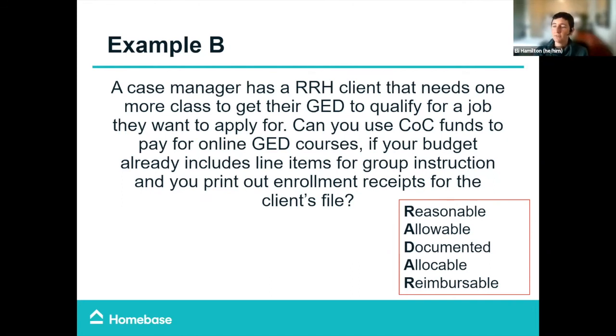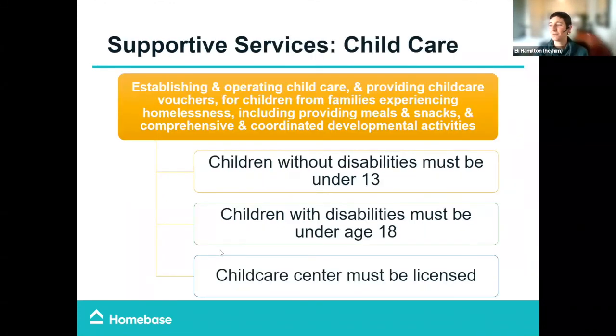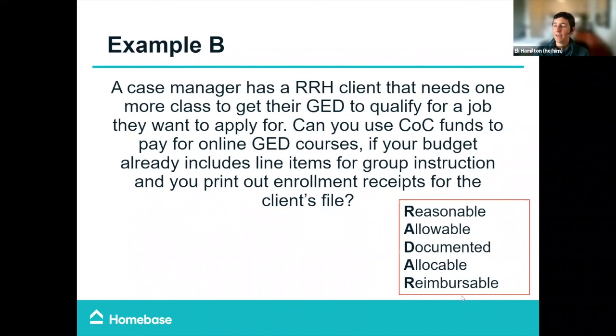Can you use CoC funds to pay for online GED courses if your budget includes line items for group instruction and you print out the enrollment receipts for the client file? So you can see this example is giving you a lot of information, and we're comparing that to our radar characteristics. So I'm going to throw up a poll for this one and see what we think.